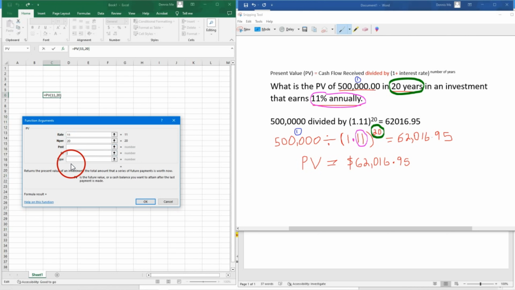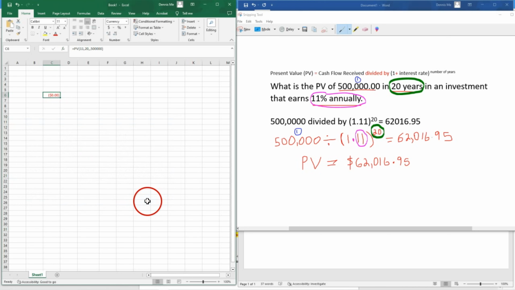The future value is $500,000, and you select OK. So watch that. See, it says 0. That's an important point. I want you to see this. The reason that happened is because I put 11. What is 11%? It should be 0.11, right?